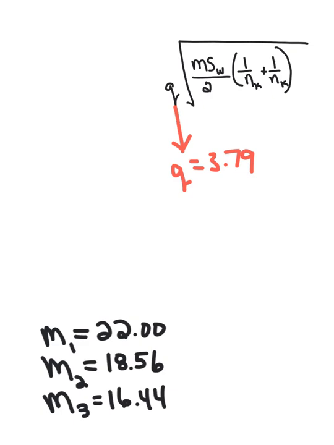If you recall, the sample size for group 1 was 6. For group 2, the sample size was 20. And for group 3, the sample size was 11. So now we have everything we need to start calculating.